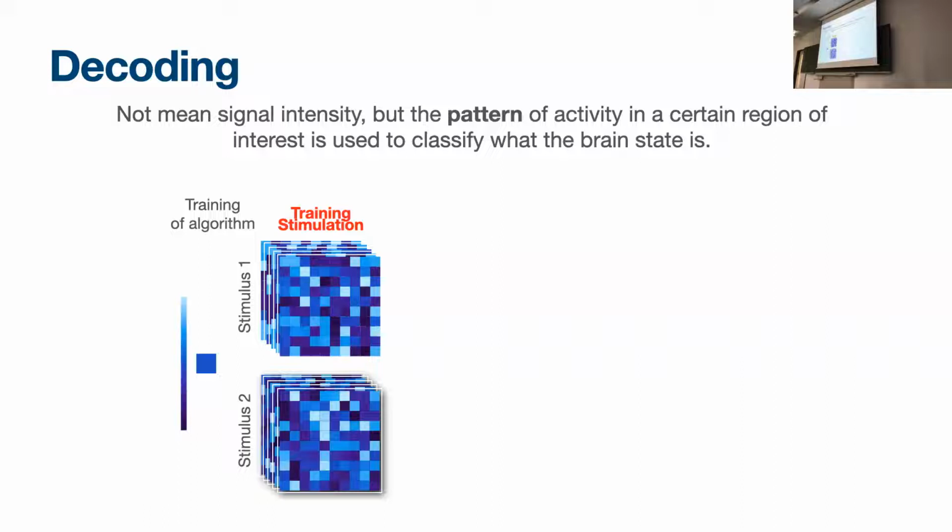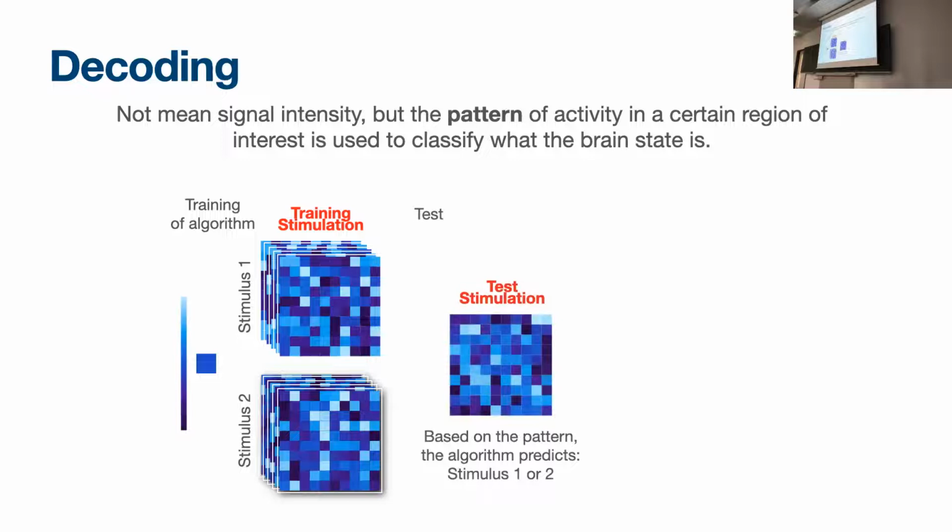That's the idea. And so there's two stages, of course, to this type of analysis. You first train this classification algorithm. It needs to learn what that pattern is for it to be able to distinguish the pattern. And then afterwards, you present that classification algorithm with test instances, and you ask the algorithm, which of the two stimuli is this? It only gets to make a choice: stimulus 1 or stimulus 2.